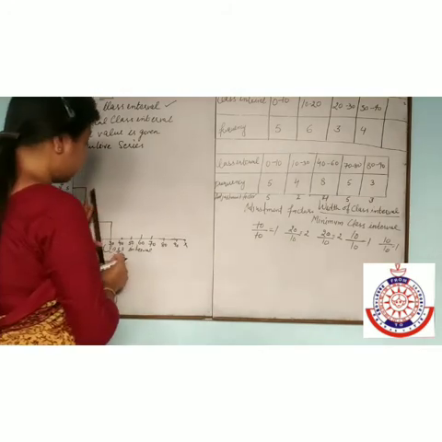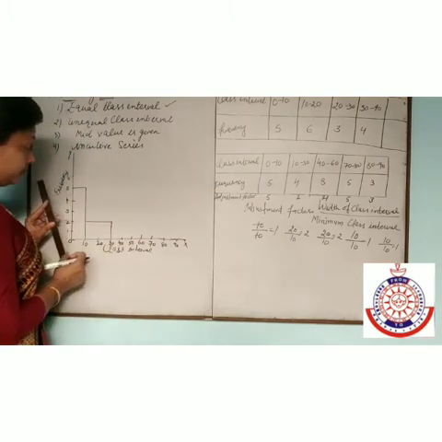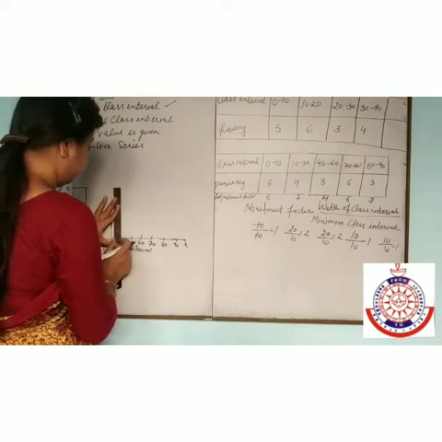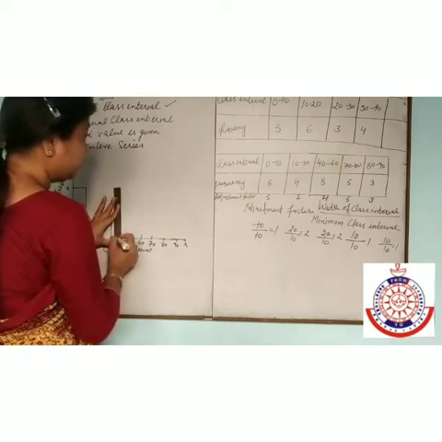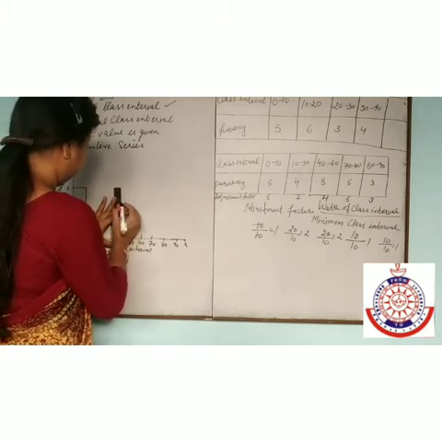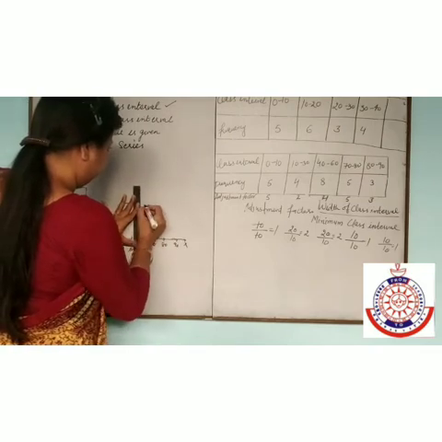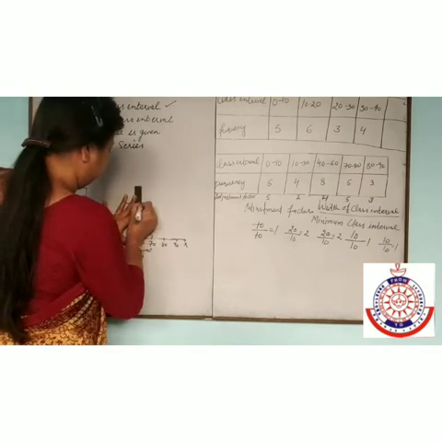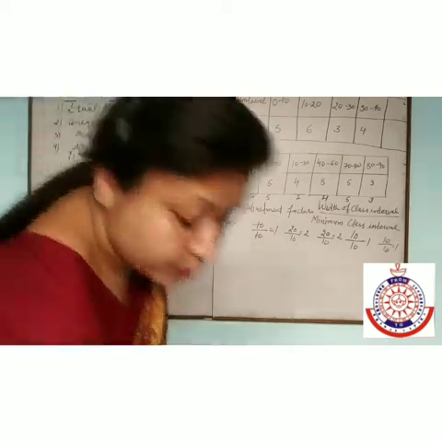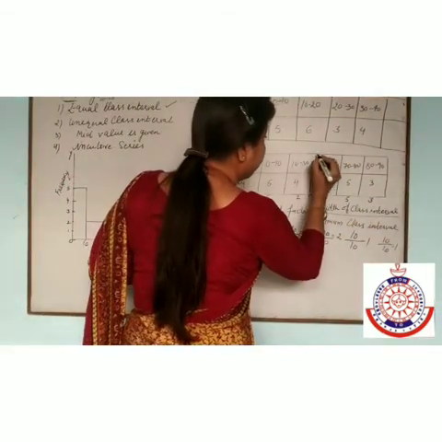Then 40 to 60 is 4. One adjustment factor is also required here, that is 30 to 40.